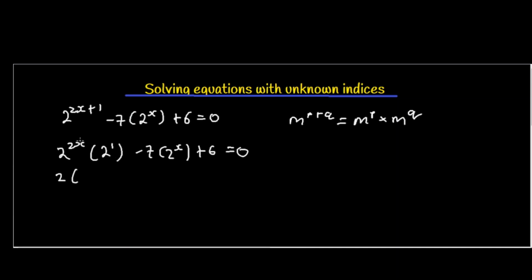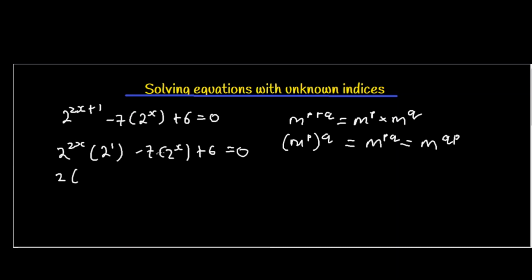Next we can just simplify this, so this will be the same as 2 into, now when we get to this, again we had a rule that m to power p, in brackets, having another index outside, is the same as m to power pq, or it is also the same as m to power qp. Once we know that, even this 2 power x, we are going to put it in the same format.